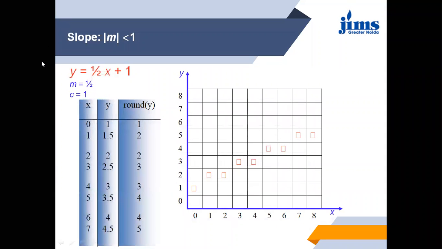Now we will discuss when the slope is less than 1. What happens? I told you that if the slope is equal to 1, then this will be our line. Okay, let me take the line only. Then this should be the line.